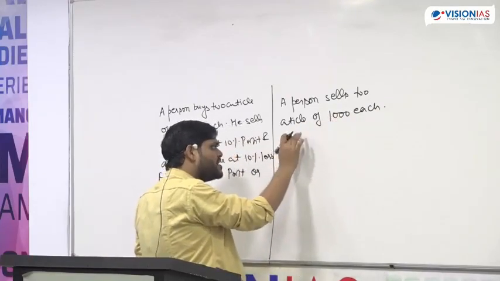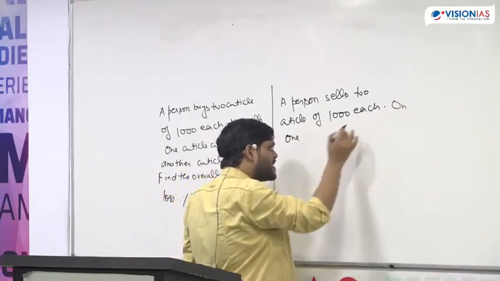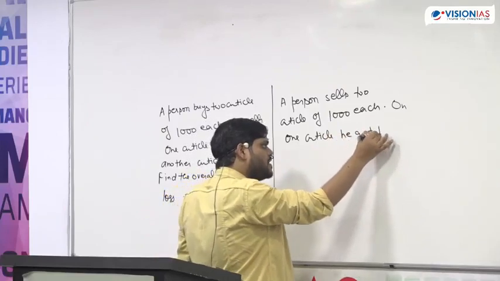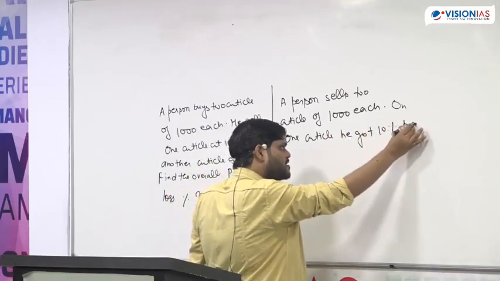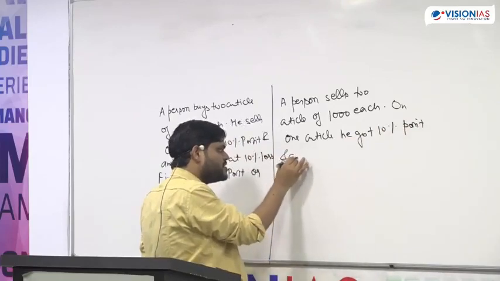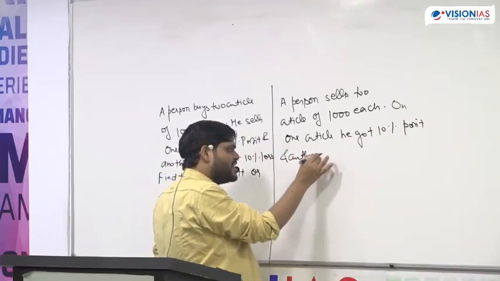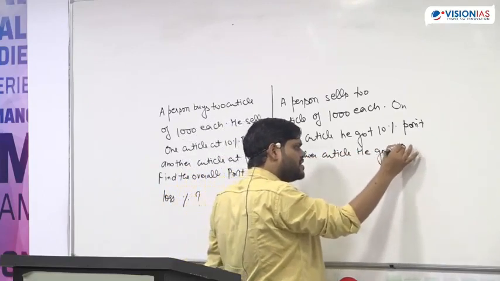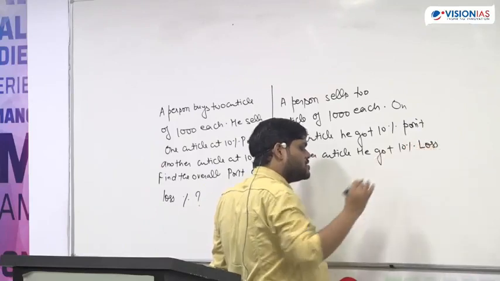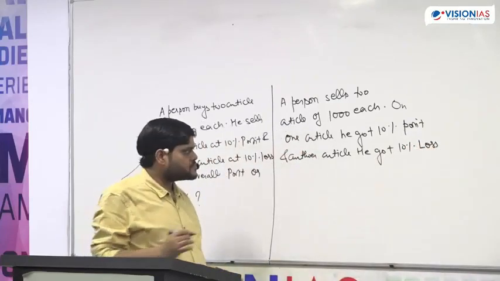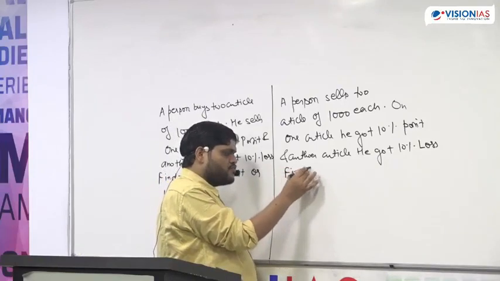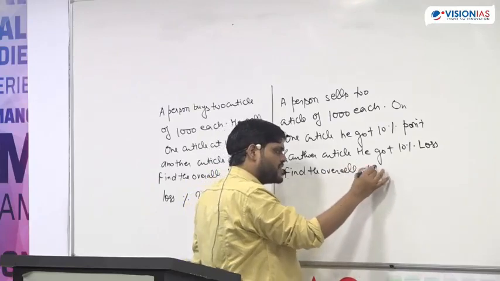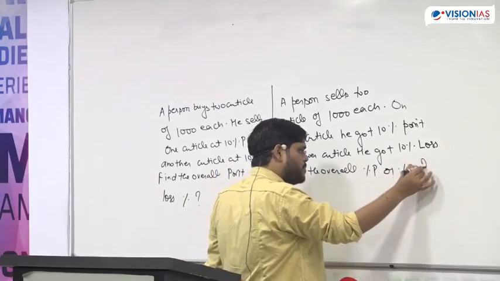On one article he got 10% profit, and on another article he got 10% loss. Now the question is, find the overall percent of profit or percent of loss.